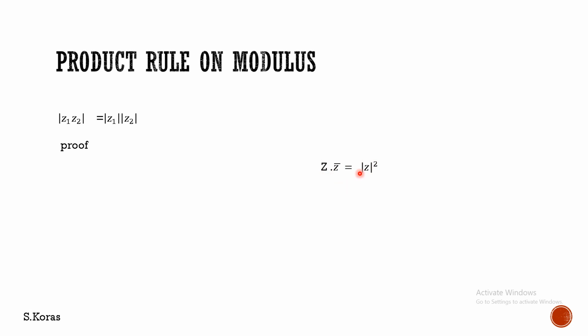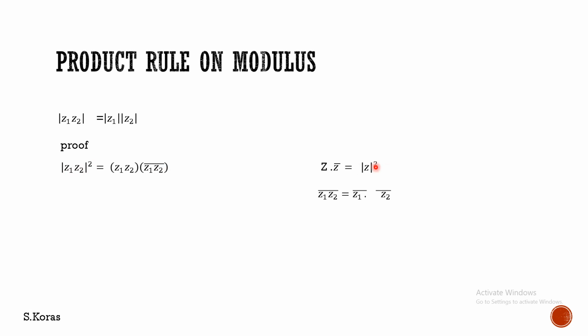So if it is possible for us to do it like this, then this property can be proved very easily. Right, how to prove this? The same technique, let us use: instead of finding modulus of z1 into z2 straight ahead, let us find modulus of z1 into z2 the whole square. What will happen now?